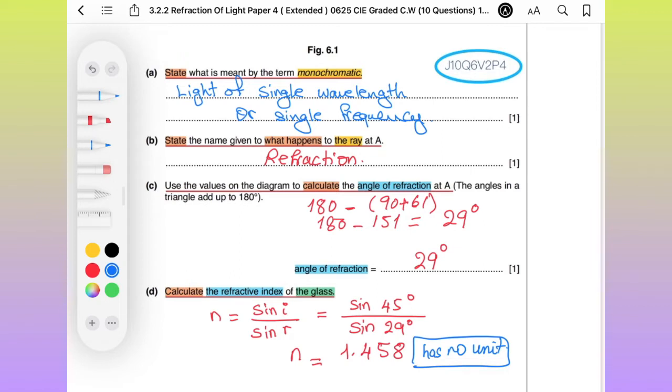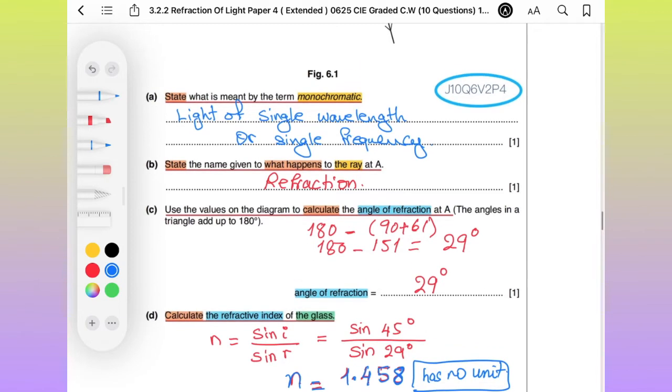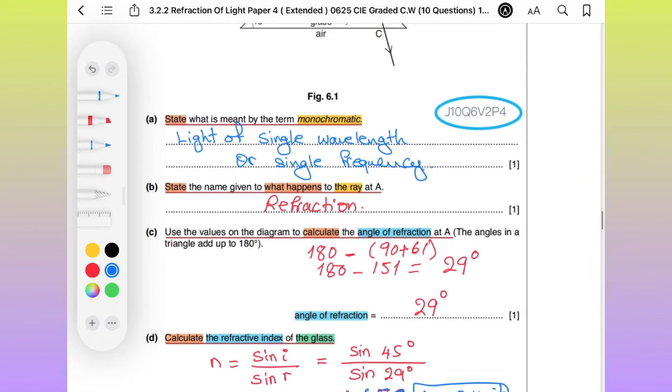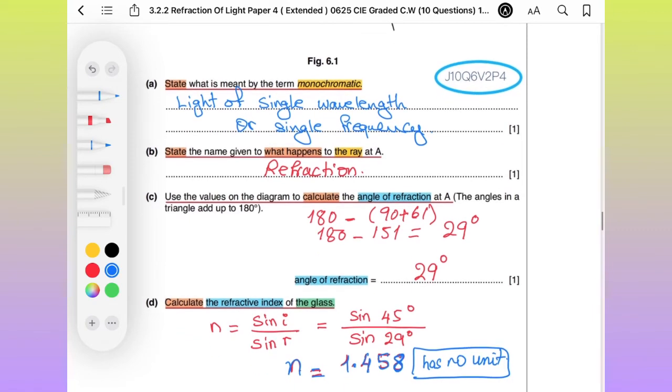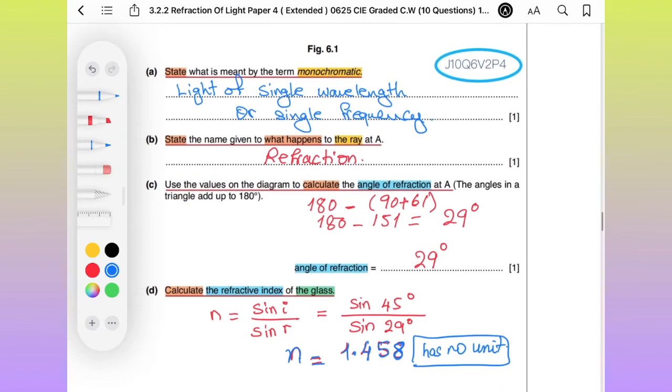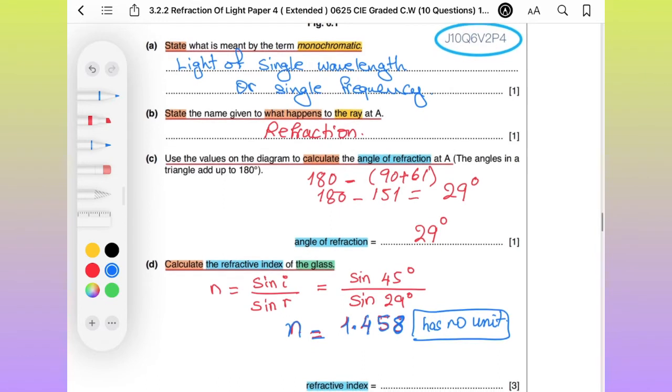You can write the answer: n is equal to 1.458. You can write your answer to two or three significant figures, and only your final answer should be rounded.